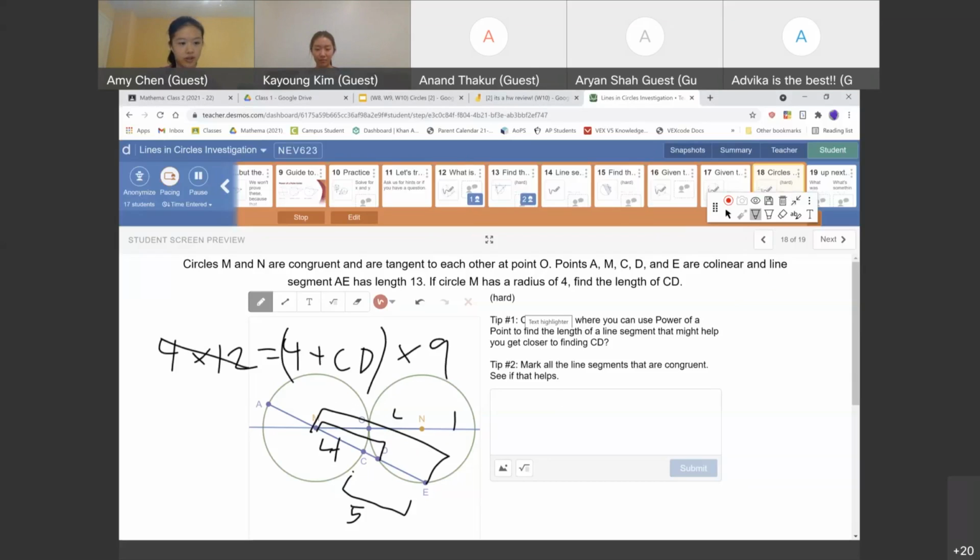On the left side, this would be 48. Then if we divide both sides by 9, we get 16 over 3 equals 4 plus CD. Now we subtract 4 from both sides, and we find CD equals 4/3.